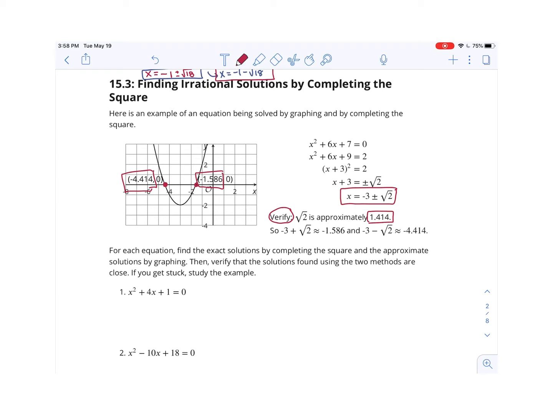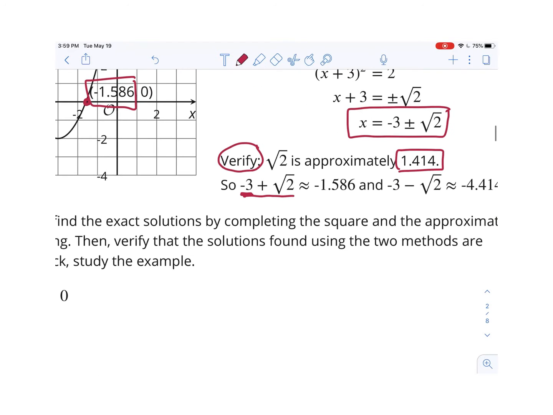And so if we were to figure out that approximation, we could say -3 plus the square root of 2, so -3 plus 1.414, is going to give us about -1.586.